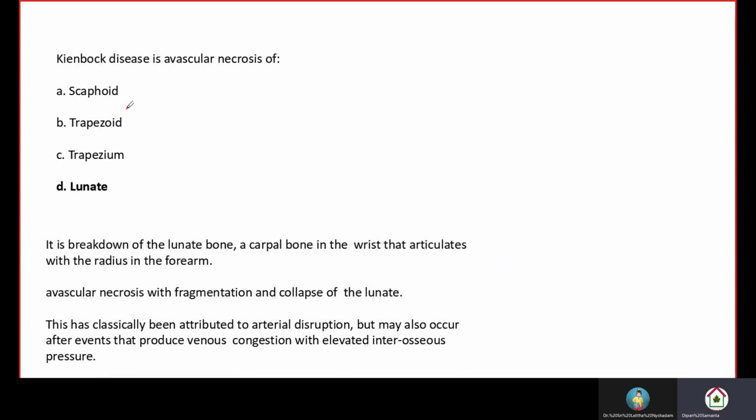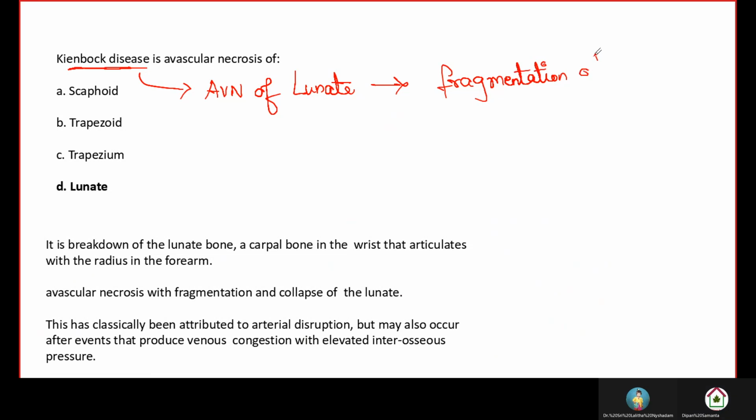In Kienbock's disease, there is arterial disruption. First of all, it is avascular necrosis of the lunate wrist bone, and it may lead to fragmentation of the lunate.